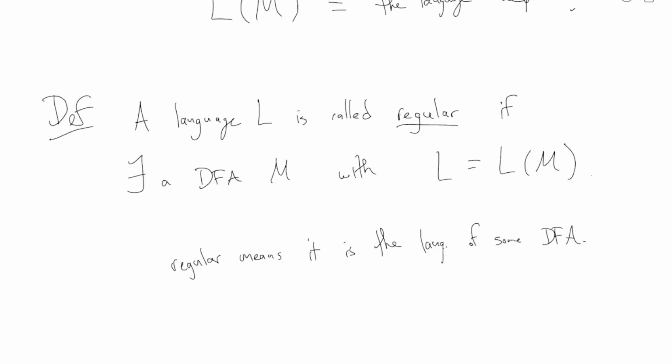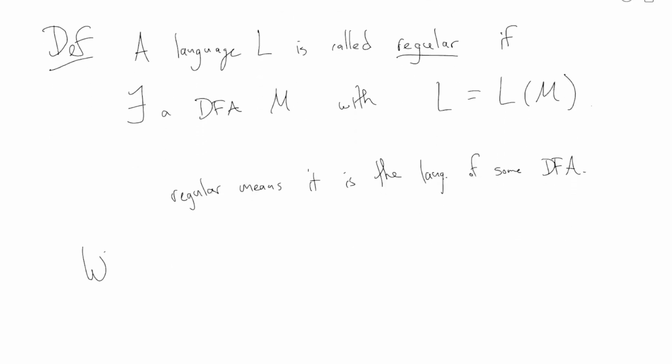And so the question of what kinds of things a DFA can do is totally equivalent to the question, which languages are regular? That's the big question that I want to answer about DFAs. Which languages are regular?